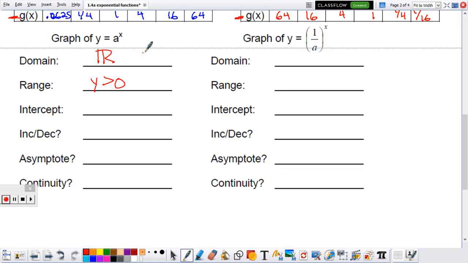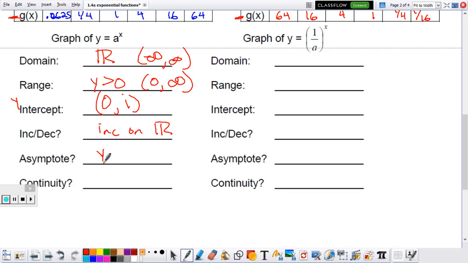We could also write these as -infinity to infinity, and then 0 to infinity. It has a y-intercept of 0, 1. They are both increasing on the interval of all real numbers. They both have an asymptote of y equals 0, and they are continuous.